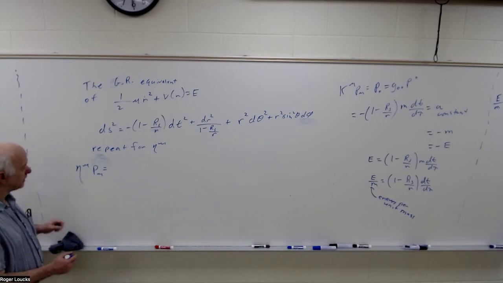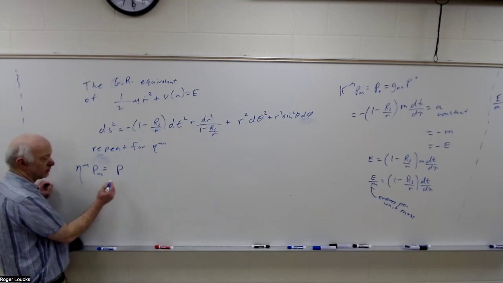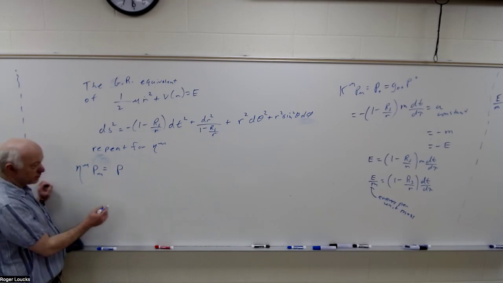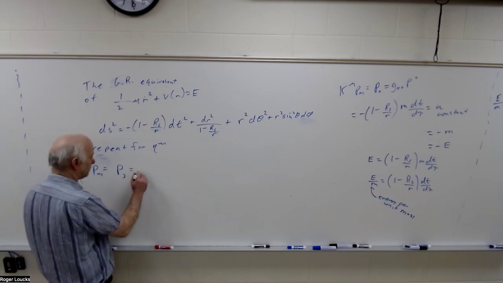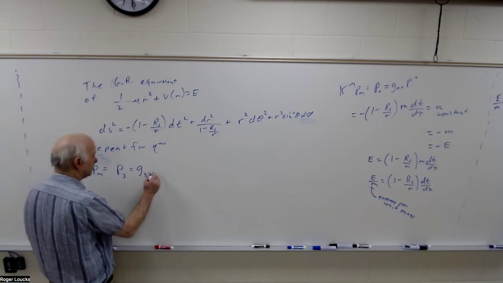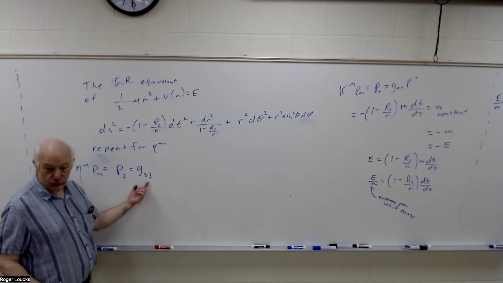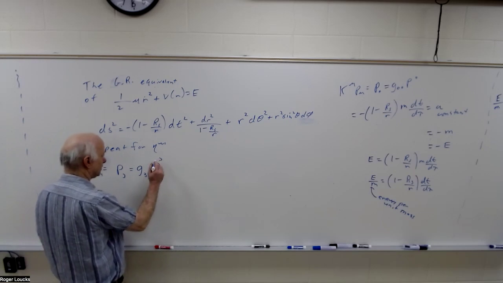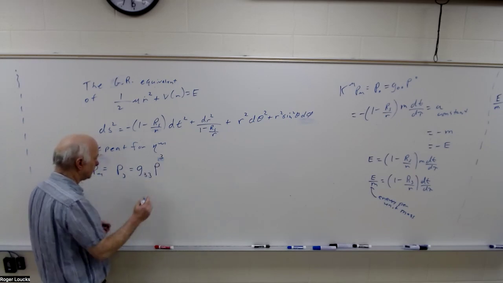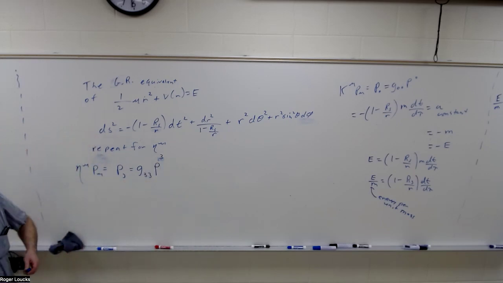So what does this become? This becomes P. Three, yeah. I was trying to figure out the index in there. And so this is gonna be G three, okay? Got it. So what is G three? R squared.